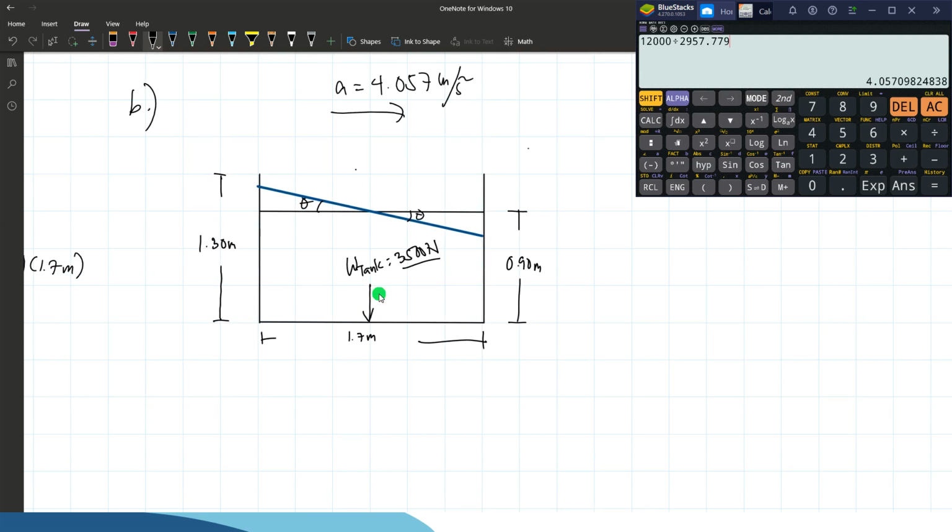What's required here is to determine the maximum pressure at the bottom of the tank. When the liquid surface changes in position, you can see here that the leftmost corner of this tank is the one that has the highest pressure, because the depth of the fluid at this point is higher compared to the right side.